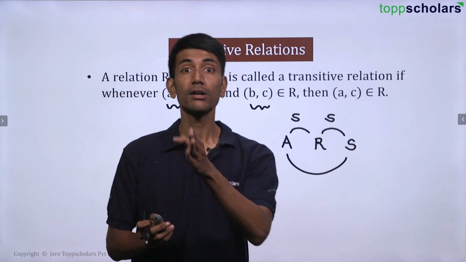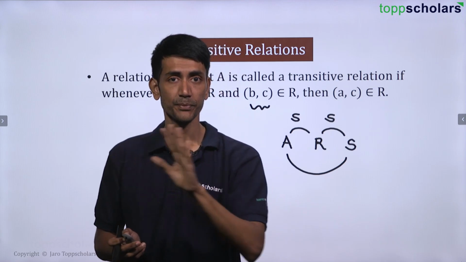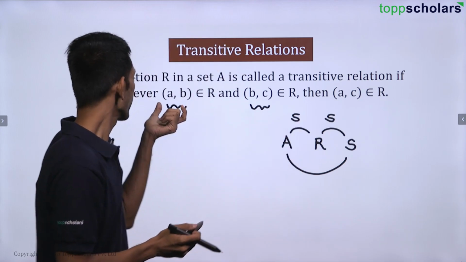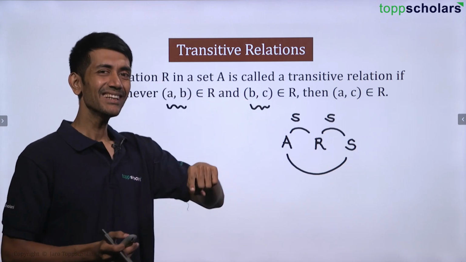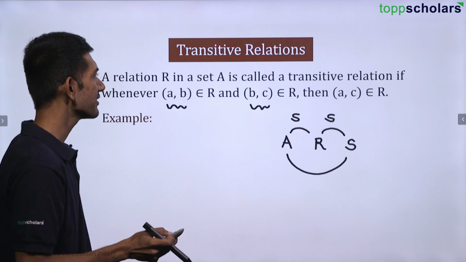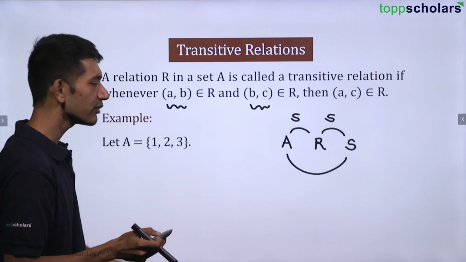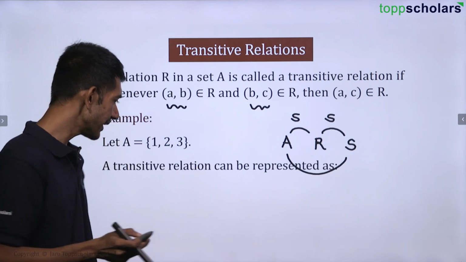So, generally it occurs between 3 sets. It can be 3 different sets also, set A, set B, set C, right? Similarly here, if (A, B) belongs to R, (B, C) belongs to R, then (A, C) belongs to R, right? So, that is called the transitive relation. So, suppose A is {1, 2, 3}, so a transitive relation, how can we express that?